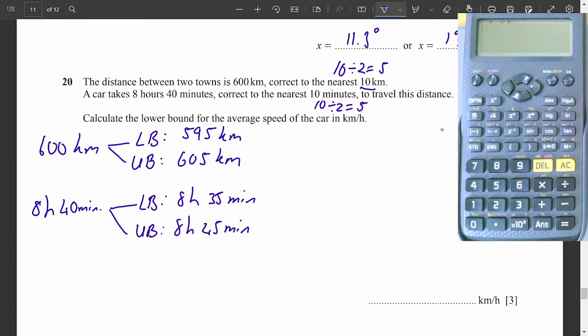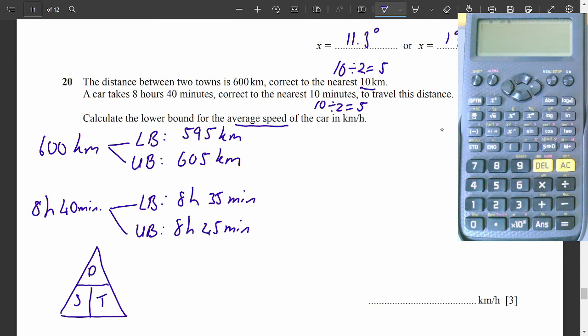Okay, now we need to calculate the lower bound for the average speed of the car. So we are working with speed here. If you can't remember, draw your little triangle. Okay, speed is kilometers per hour, kilometers being distance, and hours being time.